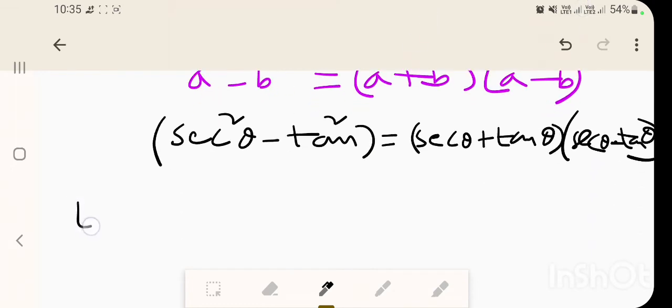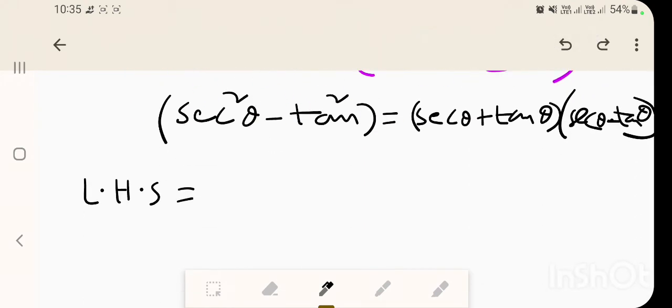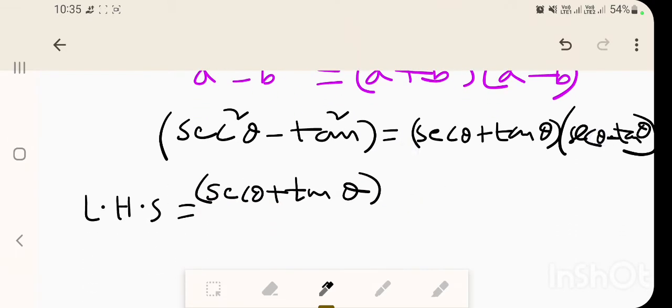Okay, so now the LHS is the same. We are going to substitute in place of this secant square minus tan square theta. So we have secant theta plus tan theta, it is already there. In place of minus 1, we write minus of secant theta plus tan theta into secant theta minus tan theta. Many times, only for your understanding, I have written the formula; you can directly write this in the numerator.